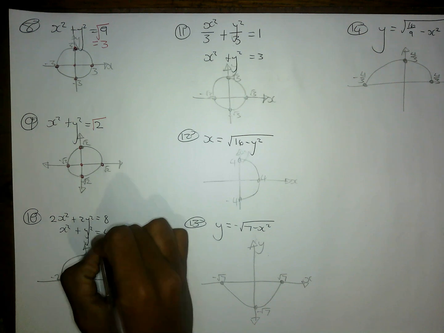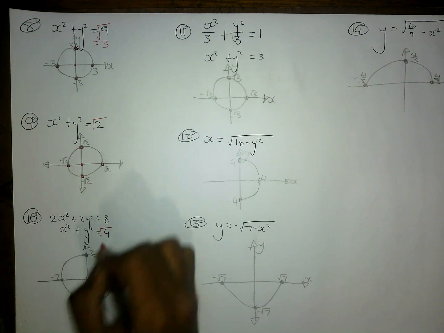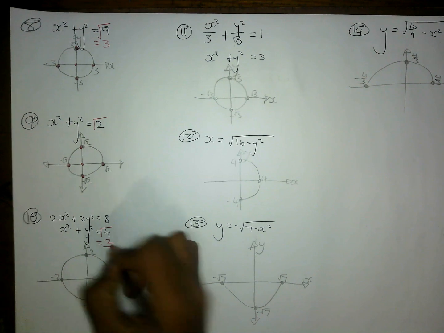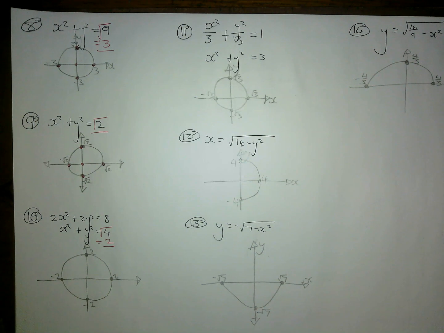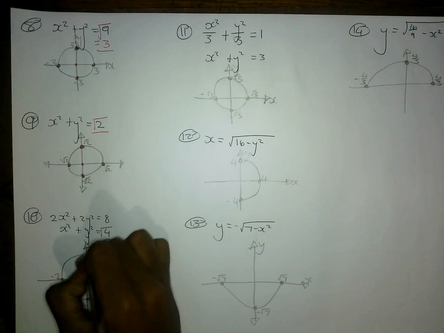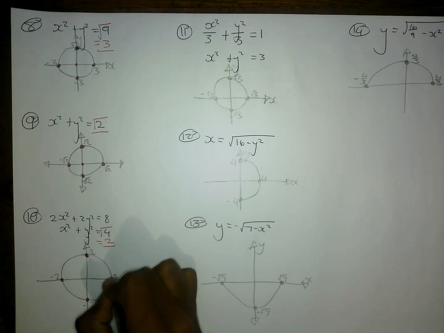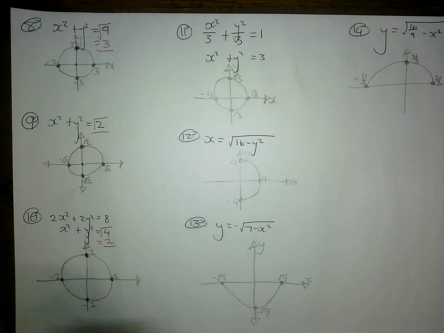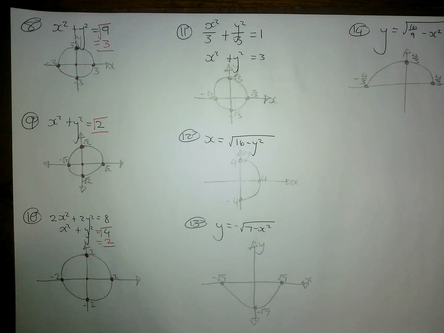Then what do you do? We say square root of 4 is 2, so the radius equals 2. Then we plot our 2, our negative 2, and our positive 2. So we draw a nice circle. Very straightforward, right?